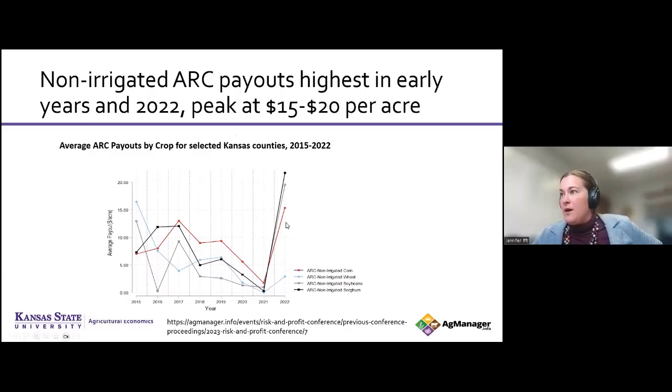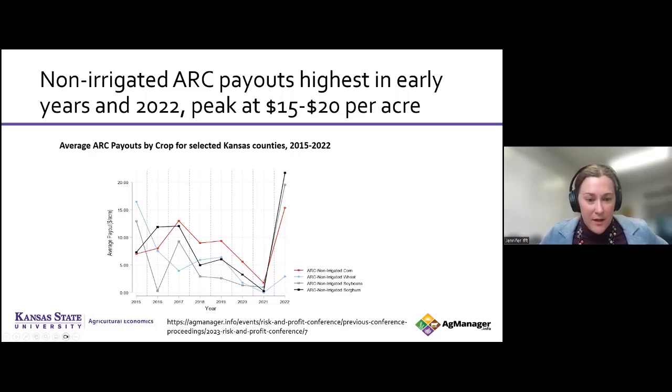Then you had relatively high payouts in 2022 when there were large yield losses in so many counties. We're going to switch to SCO, but I want you to look at the numbers on the y-axis here. The peak was at $15 to $20 per acre.